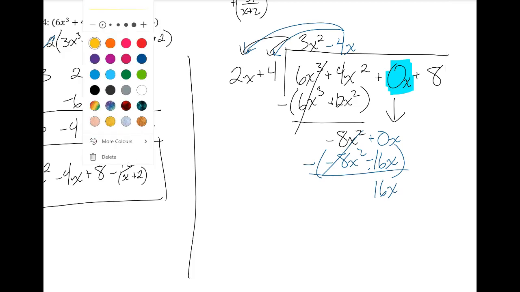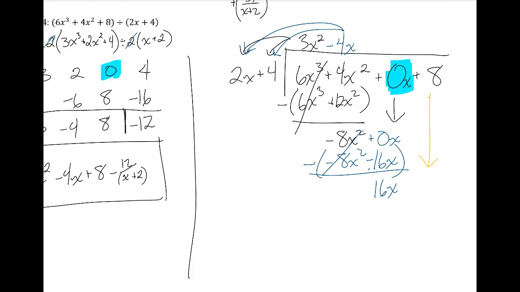I'm going to carry down that 8. And to create 16x from 2x, I would need to multiply by 8. Distribute it to both terms of my binomial. And that leaves me with 16x, and then 8 times 4 is 32.